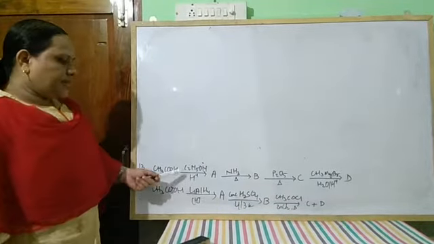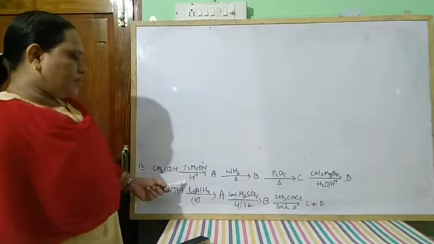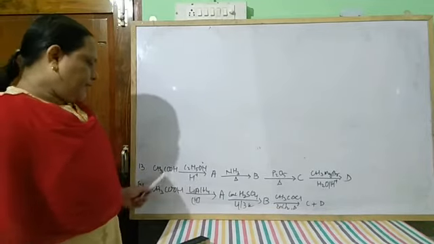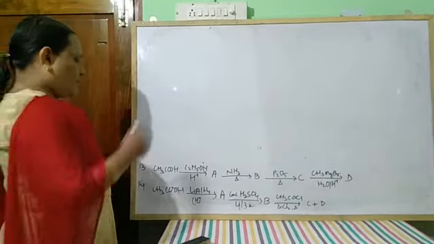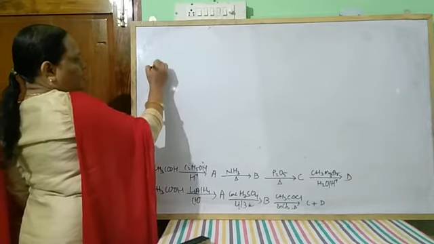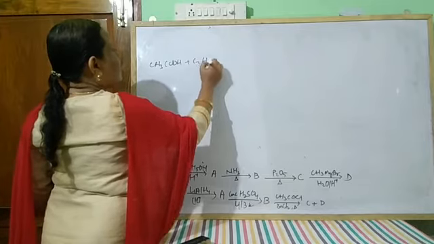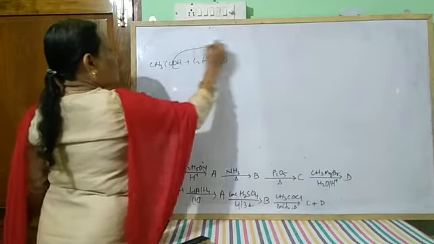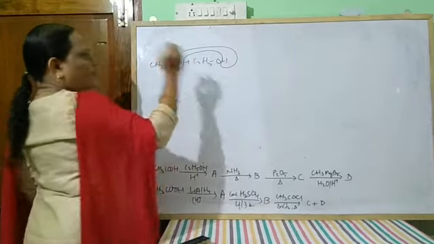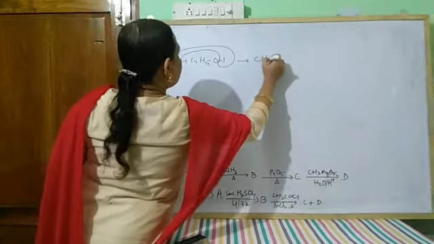Acetic acid reacts with ethyl alcohol in presence of H+. It forms ester. So the reaction is OH of acid and H of alcohol form water.